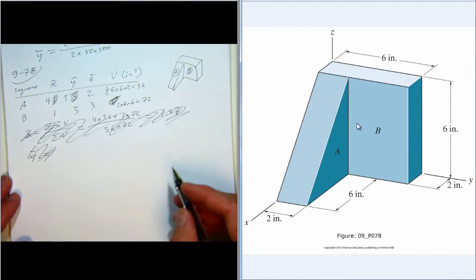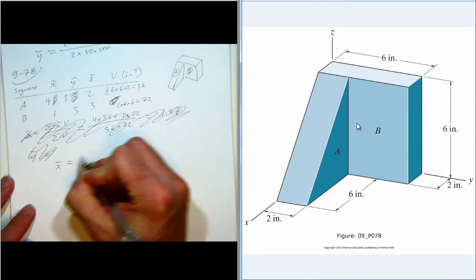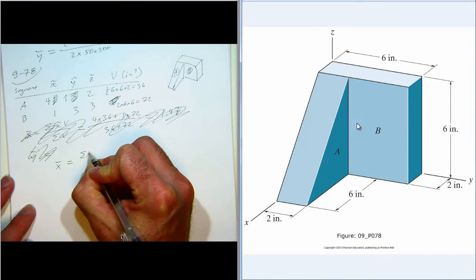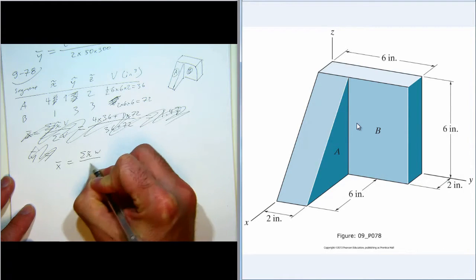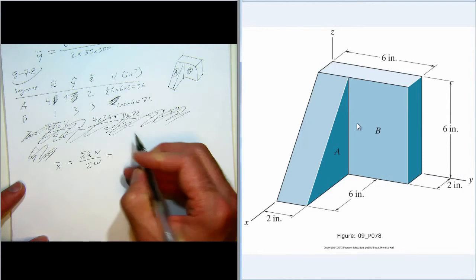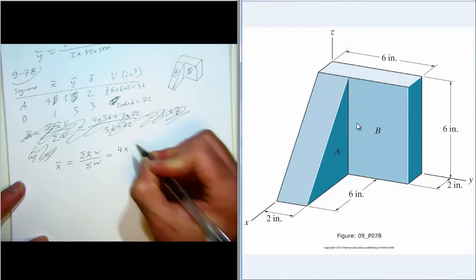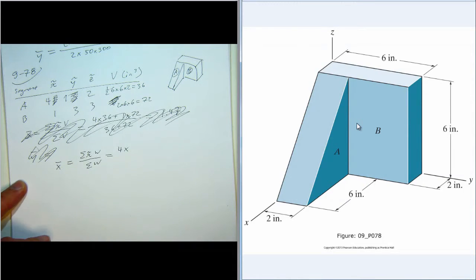So we need to find the location of the center of gravity. So for A we have 4, and then weight is specific weight times the volume.